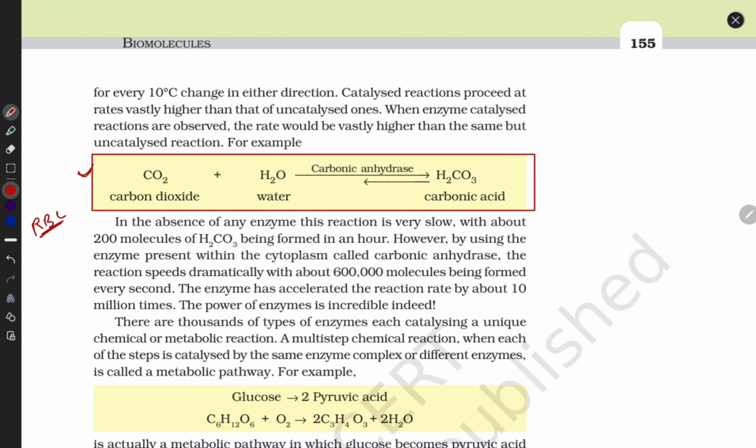What happens in our RBC? CO2 comes from the environment, and we intake it. Of course, some gases we intake, some gases we release. So CO2 present in the tissues and in RBC combines with water and changes into carbonic acid, and now it is supplied to the tissues.